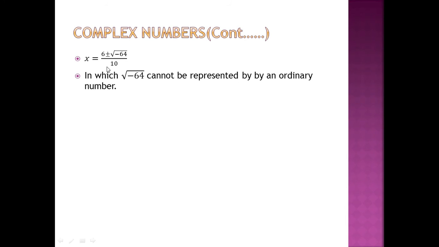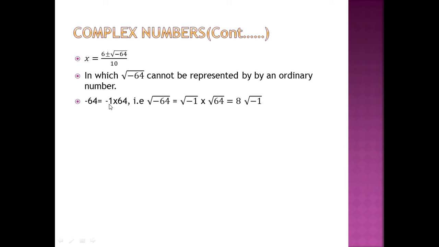Now it is becoming confusing when we have the square root of a negative number, as you can see above. This is where Euler introduced his symbol i, which stands for the square root of negative 1, because the square root of negative 64 cannot be represented by an ordinary number.